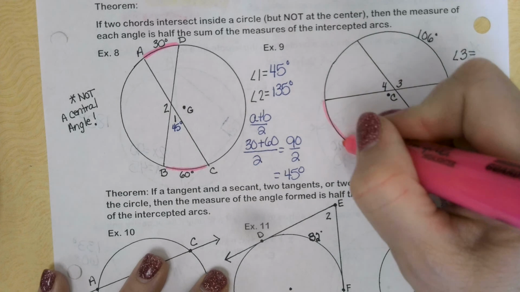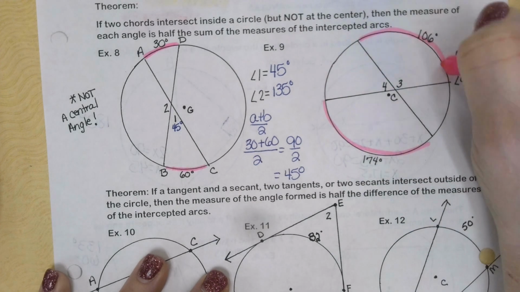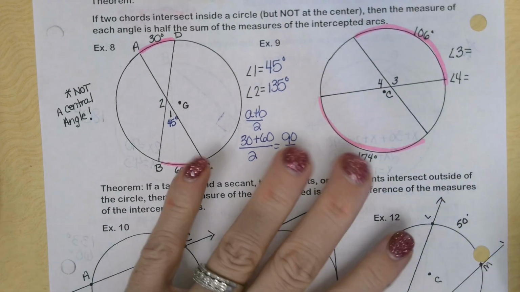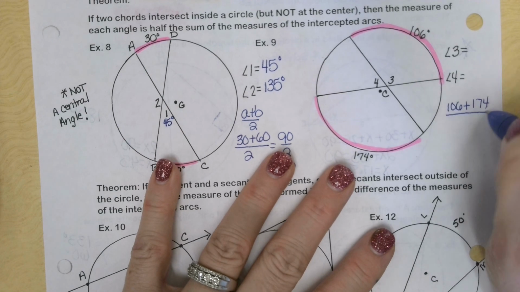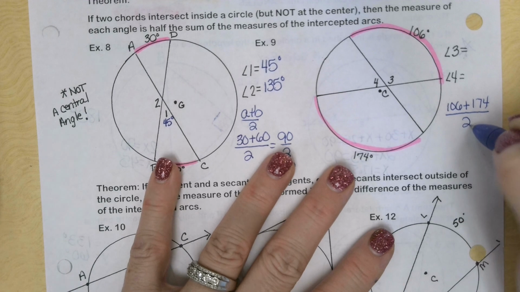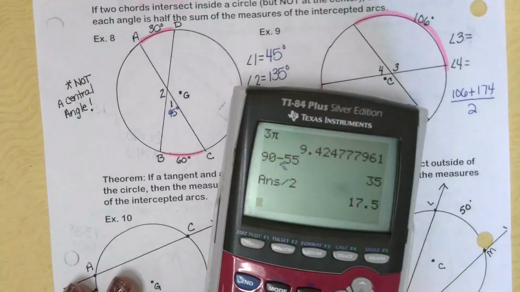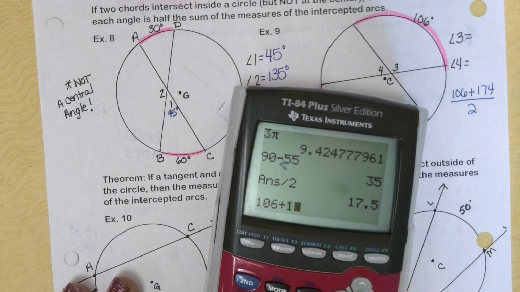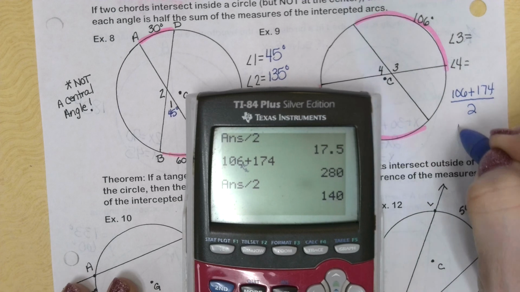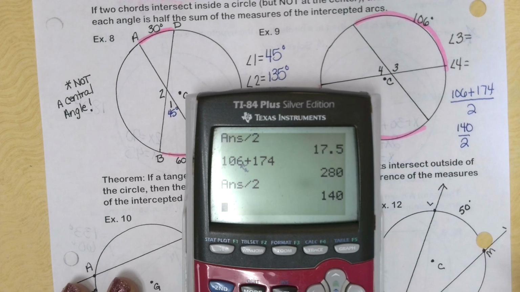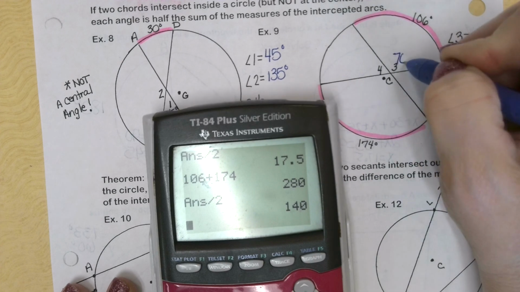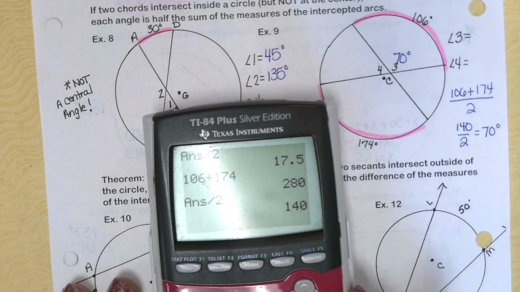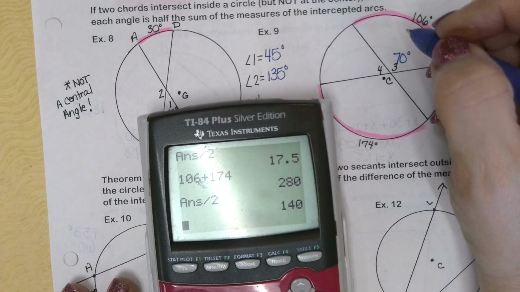Okay, these are my two arcs that I'm looking at. And I want to find angle 3. So it's going to be 106 plus 174 divided by 2. 106 plus 174 is 140. And divide that by 2, we get 70. So that means angle 3 is 70. What is angle 4?